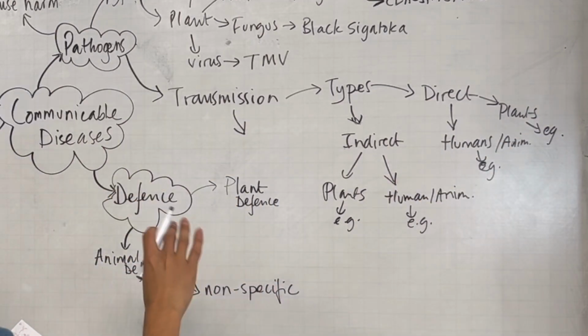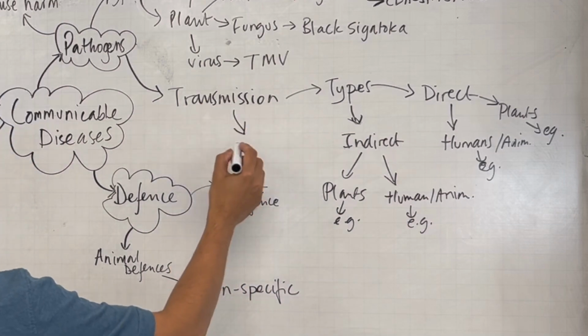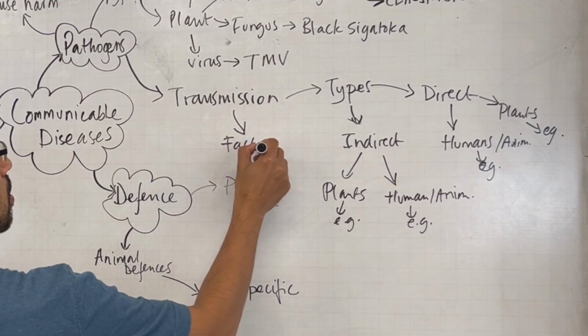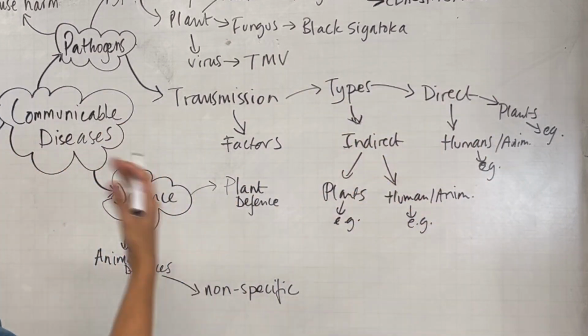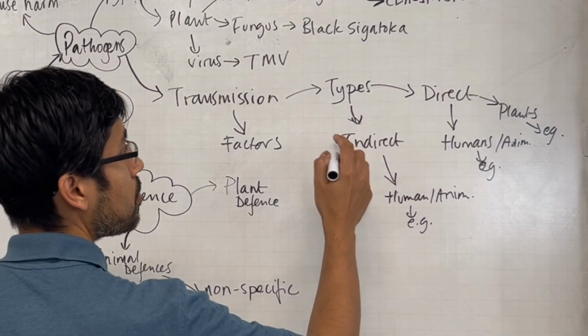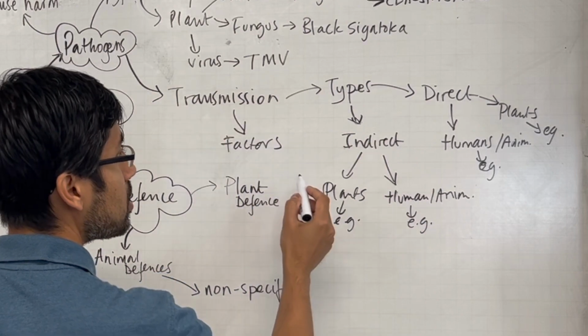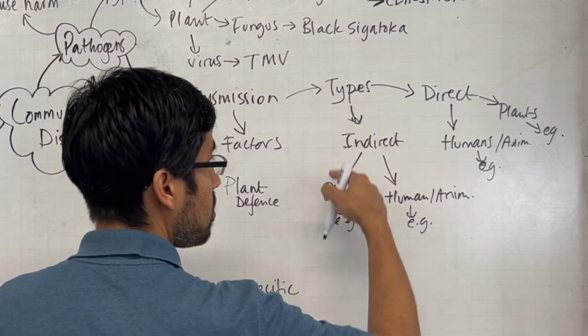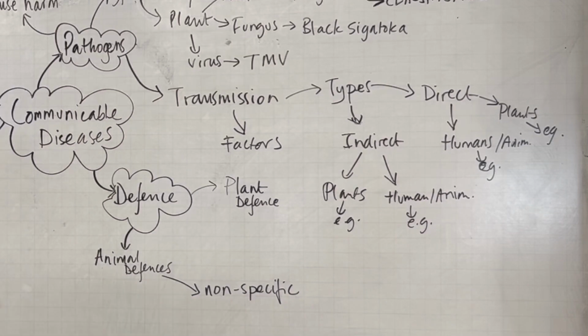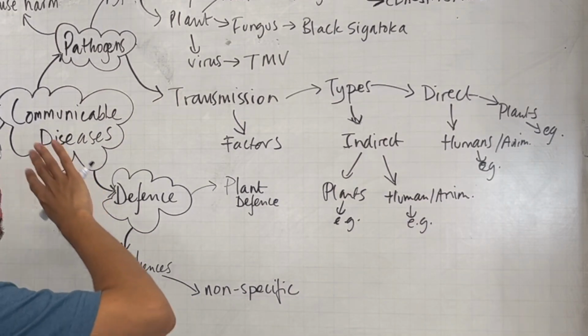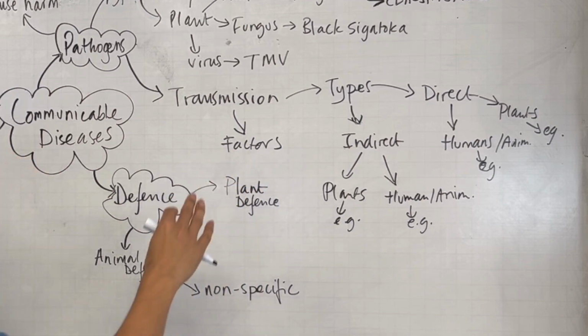Okay, right, now that that's done though, the last thing is factors. So factors is another layer on top of all this. It's not like a separate thing. So in terms of transmission, these direct mechanisms or indirect mechanisms of transmission, they can be affected by certain factors, right?